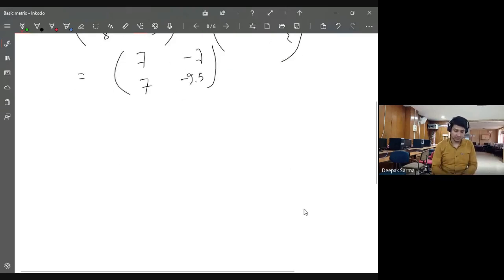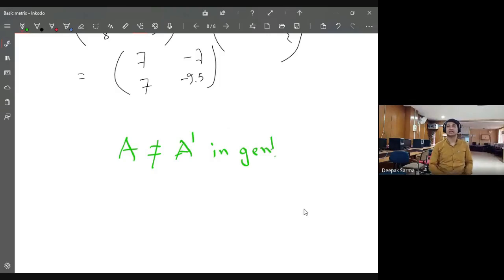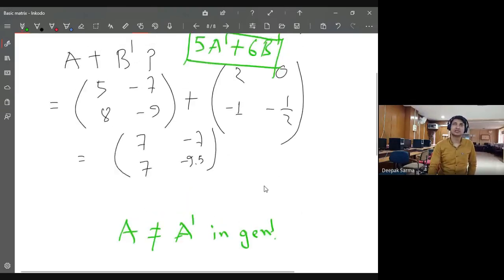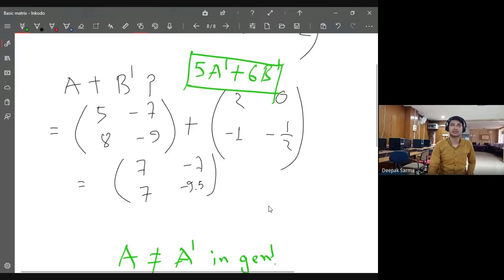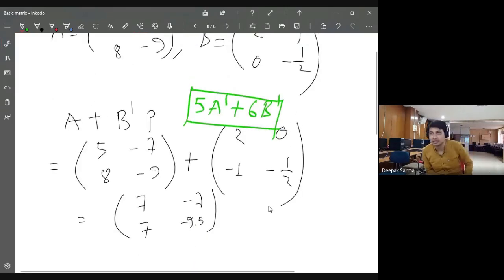So what do you see? Generally, A is not equal to A transpose. Generally, they are not equal. So do you see what type of matrix it will be when they are equal? When they are equal, do you see the structure?